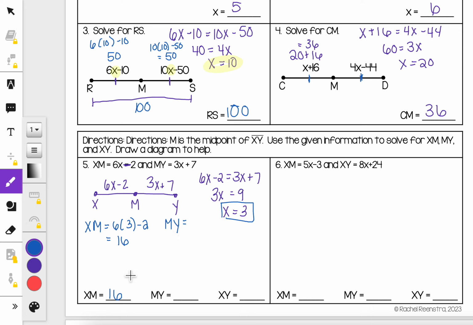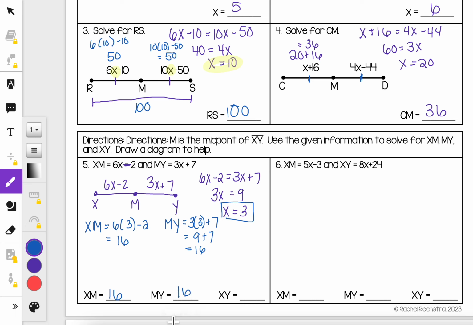Even though I should know that MY should be 16, because these two segments should be congruent, we did set them equal to each other, it's just a good way to check your work. So take that extra 30 seconds to substitute that in again, just to make sure you're on the right track. So I get 16 again.